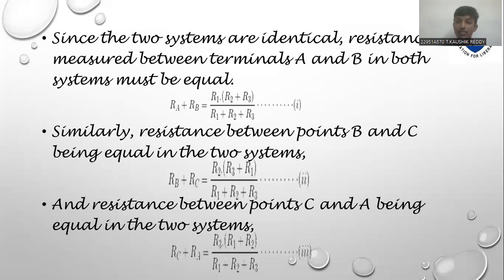And the resistance between points C and A being equal in the two systems, RC plus RA is equal to R3 into R1 plus R2 by R1 plus R2 plus R3.